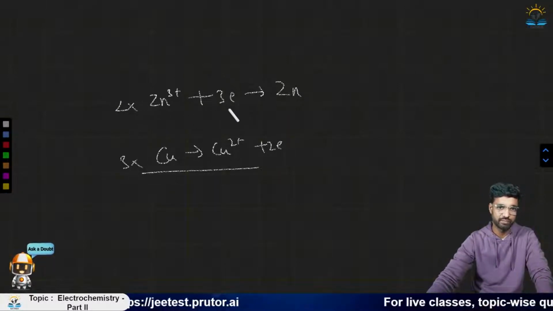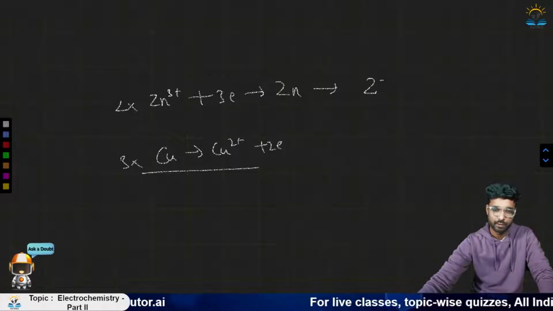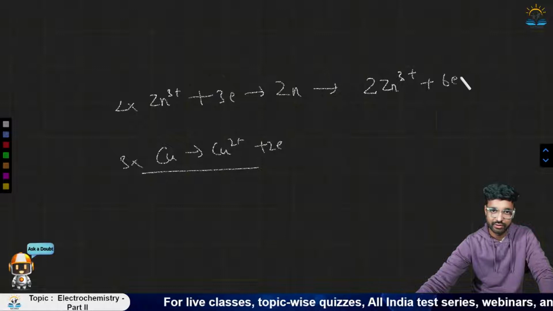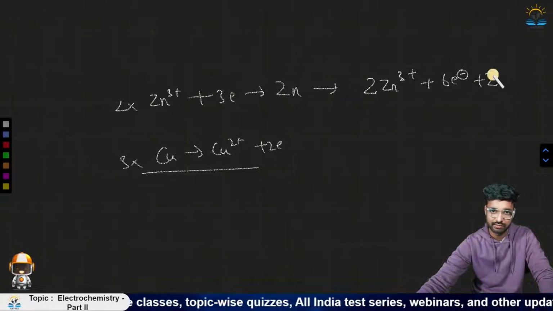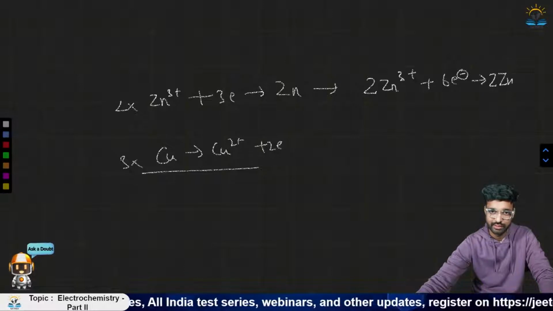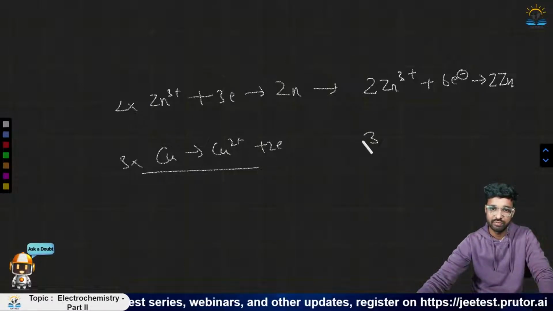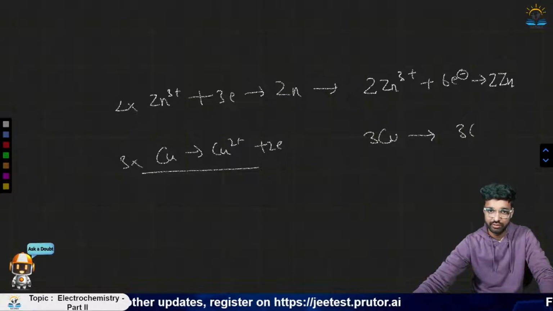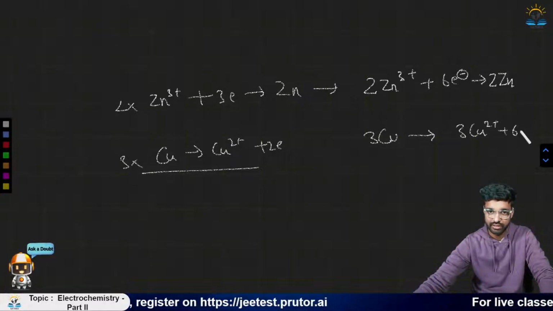So the equation becomes 2Zn3+ plus 6 electrons gives 2Zn. Similarly, this equation becomes 3Cu gives 3Cu2+ plus 6 electrons.